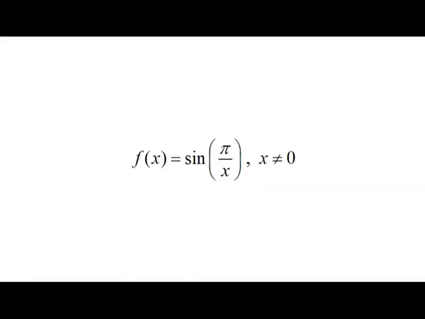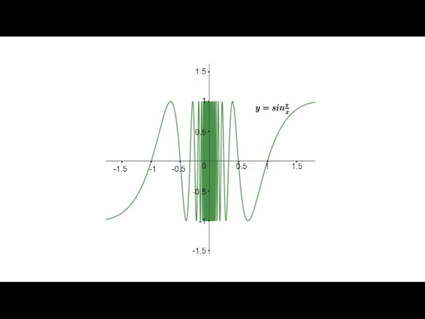To see that the conclusion from the table is false, let us consider the graph of the function f(x) = sin(π/x), where x is not equal to 0. The graph reveals that the value of f oscillates between -1 and +1 with increasing rapidity as x approaches 0, and hence the function's values do not approach a limit value.